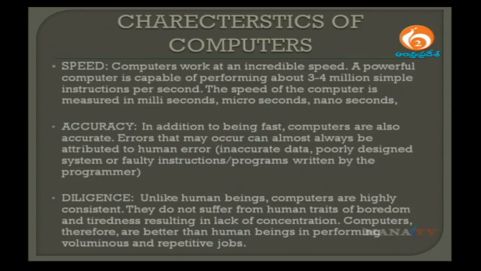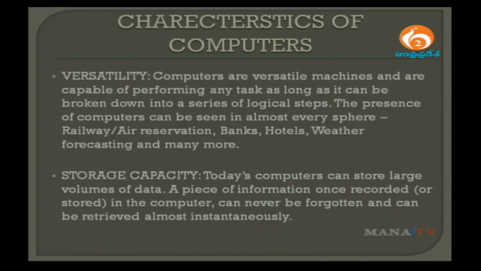And then we have diligence, which means being very much active. And then we have versatility, which is very huge and used everywhere. And the last point, storage capacity, is the most important thing that you have to remember in the characteristics of a computer.